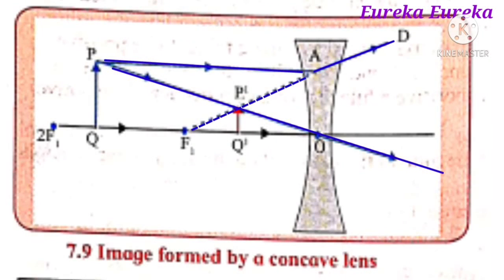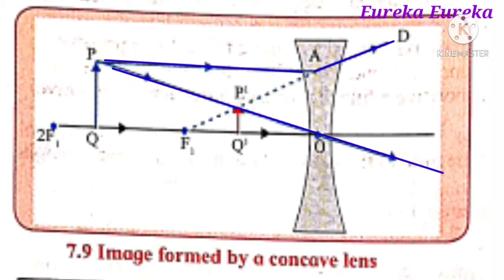So this is a ray diagram which shows image formed by a concave lens, and here the object, denoted as PQ, is placed between F1 and 2F1 in front of a concave lens. Ray PA is an incident ray parallel to the principal axis. AD is the refracted ray, and when it is extended backwards, it passes through F1.